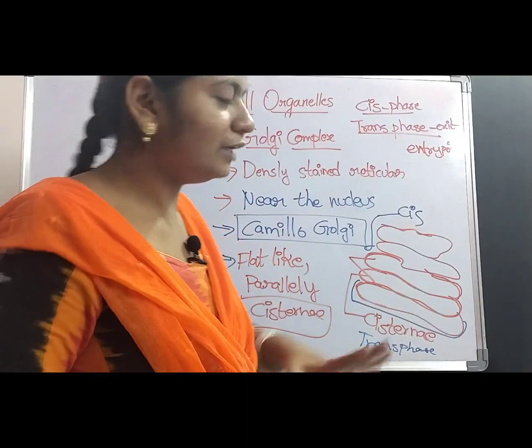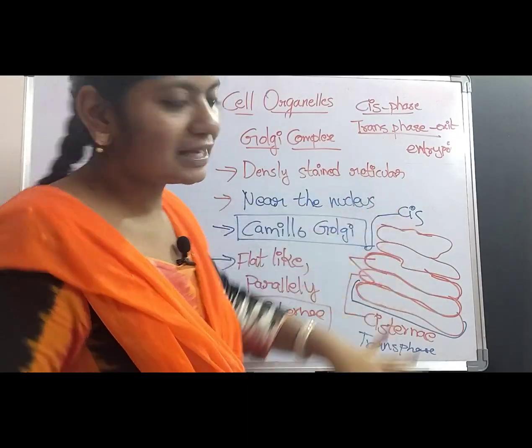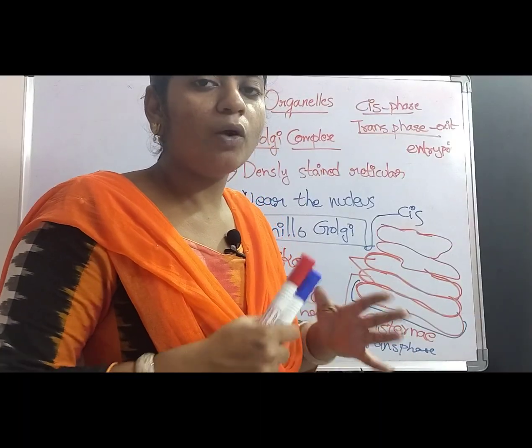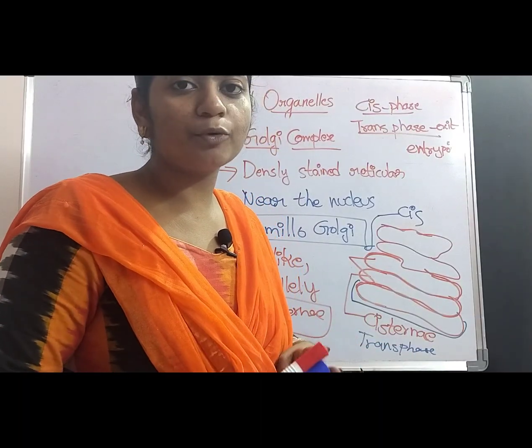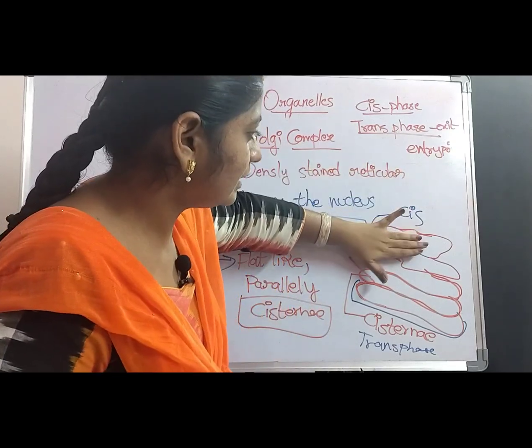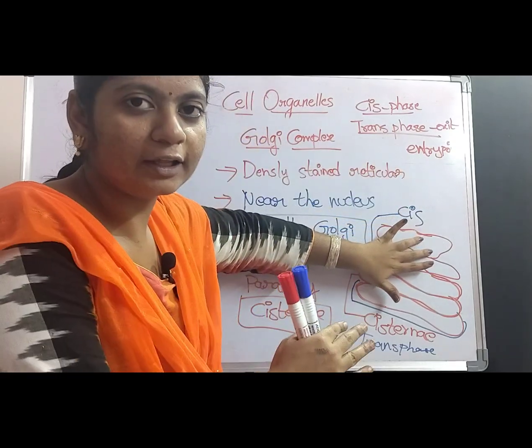Again I am repeating, the Golgi complex contains two phases, namely cis phase and trans phase. What happens in the cis phase? The lipids and proteins formed in the endoplasmic reticulum enter the cis phase of the Golgi complex.